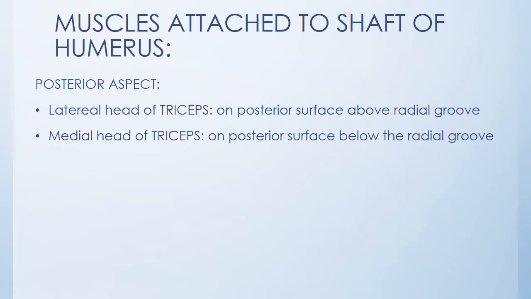The lateral head of the triceps is attached on the posterior surface above the radial groove, and the other head which is present on the posterior surface of the shaft of the humerus is medial head of the triceps, and it is attached on the posterior surface below the radial groove. And we should know that the radial groove gives passage to the radial nerve.